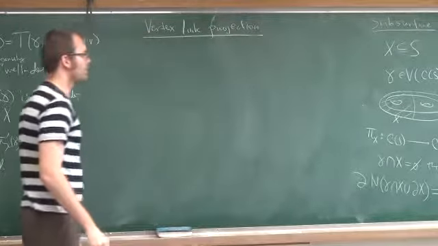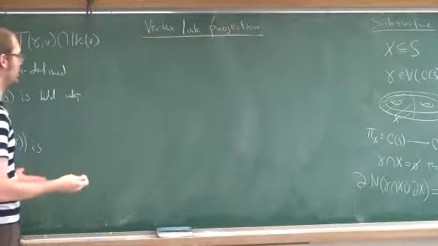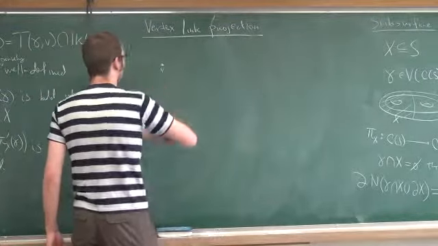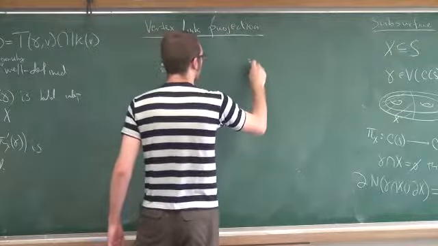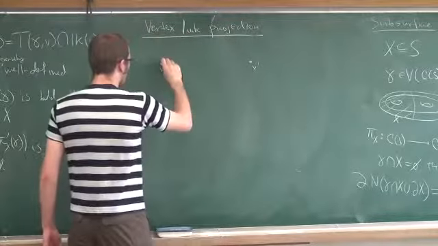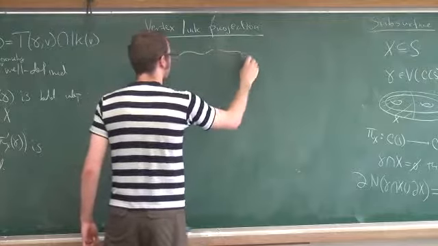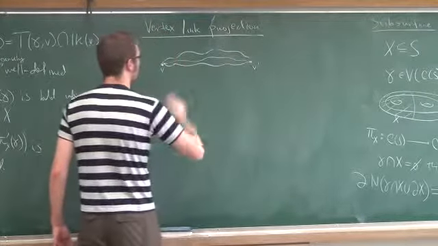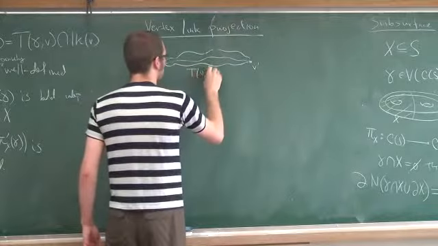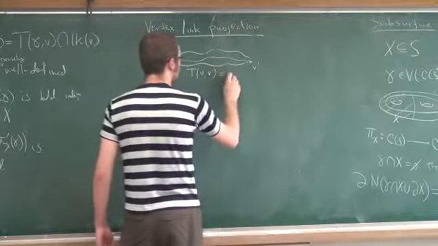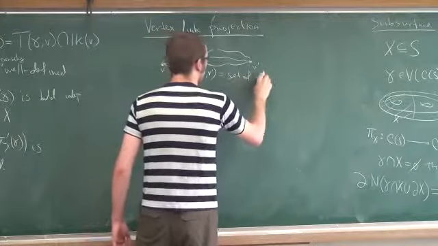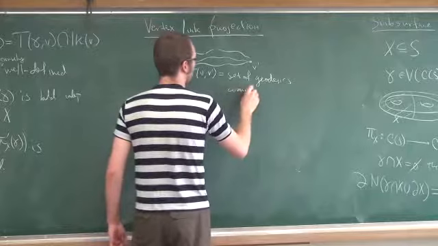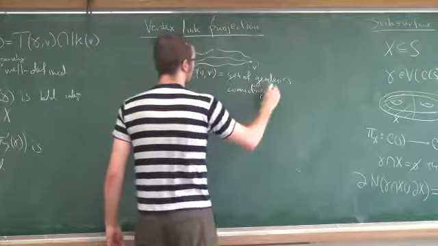So first we have a construction that can be done in general. We start with a vertex v in a graph, and we have some other vertex v prime. We'll assume that this graph is connected, so there exists at least one geodesic segment between v and v prime. So we have T_v' is the set of geodesics connecting v and v prime.